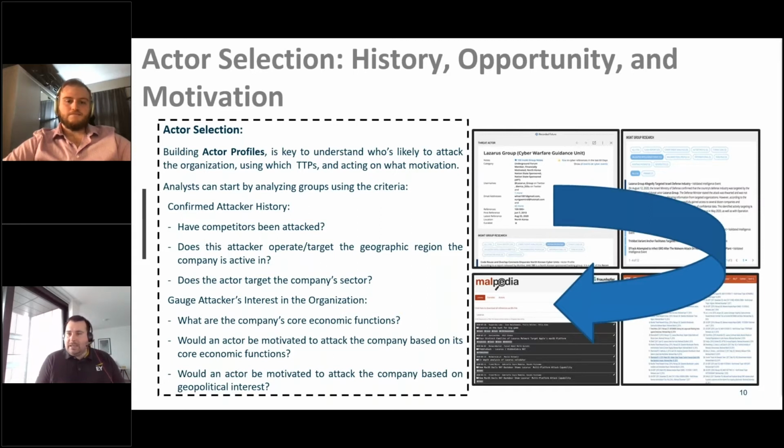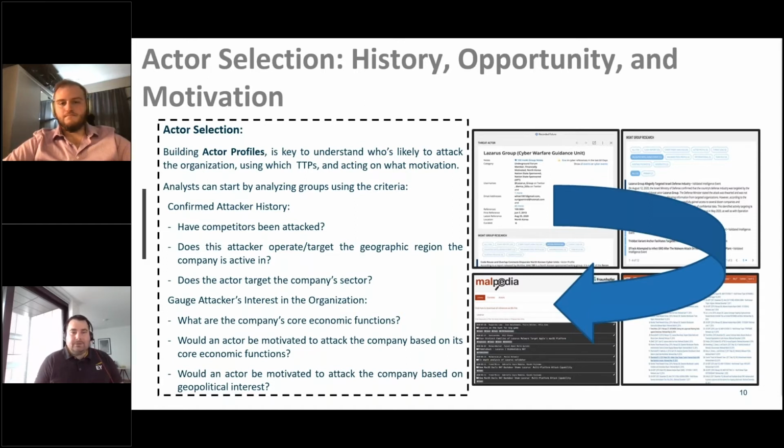Are they involved in any sort of specific deals? Do they have anything out there in the public eye that might raise the suspicion or ire of some of these adversary groups? And as we mentioned before, this is the view of the attackers.